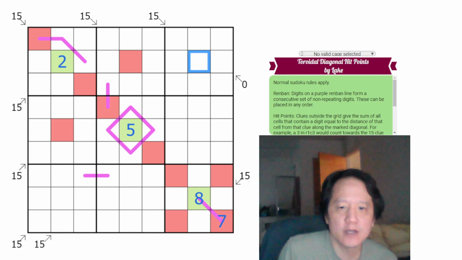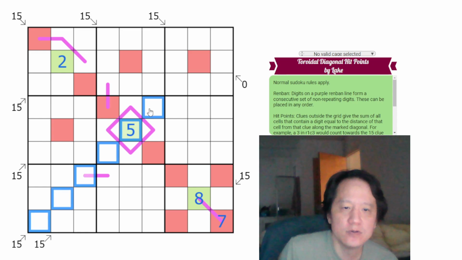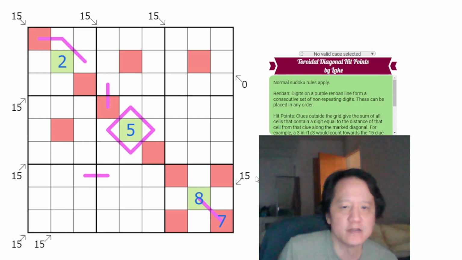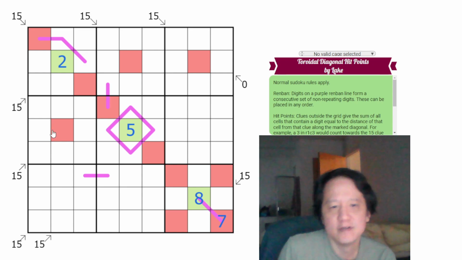This one cannot be for this diagonal. I guess I could do lines, right? I don't know.